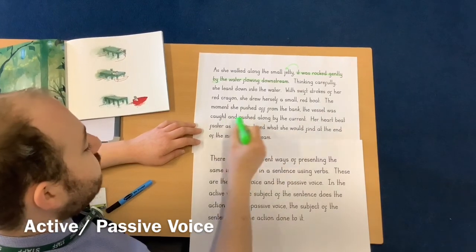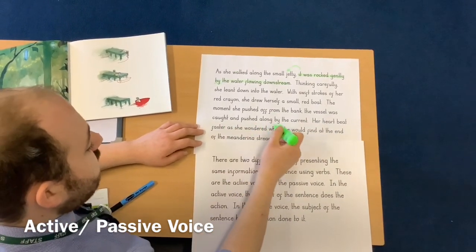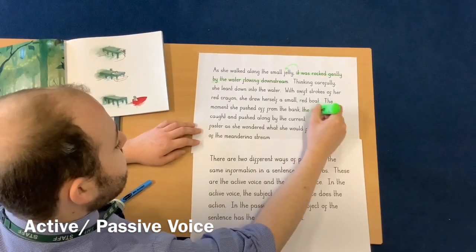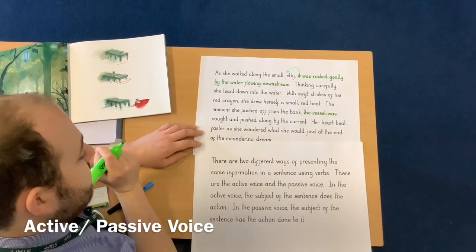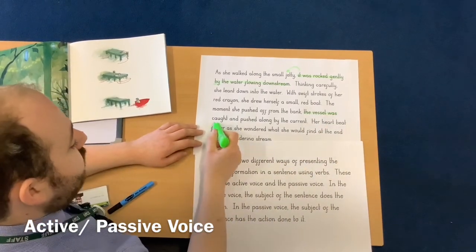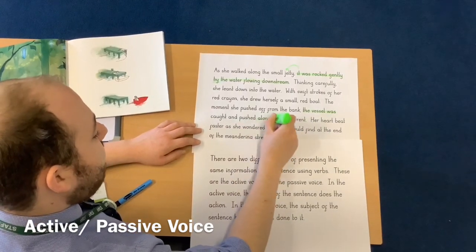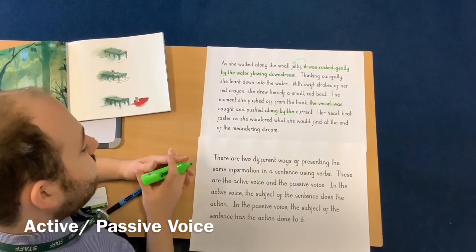Can you see that the subject of the sentence has the action done to it? So the vessel has been caught and pushed along by the current. And again, it's that lovely word of by that gives us that hint.